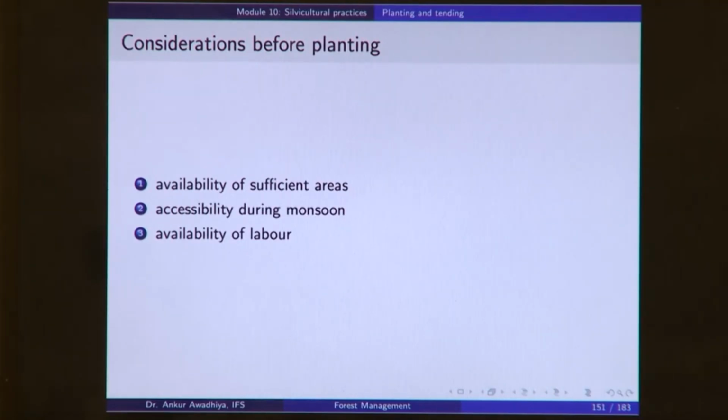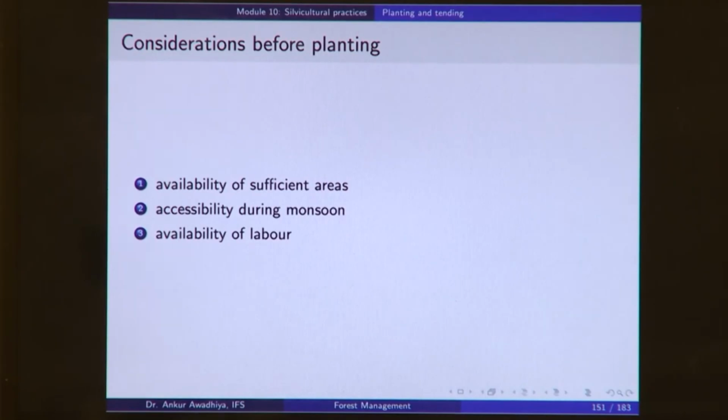One is the availability of sufficient areas, because when the department does a plantation, it does not plant say 3 or 4 plants, because that will become prohibitively expensive to employ labor just for 3 or 4 plants. So, the first requirement is the availability of sufficient areas. So, there should be sufficient area to plant say 100 trees or 100 plants.